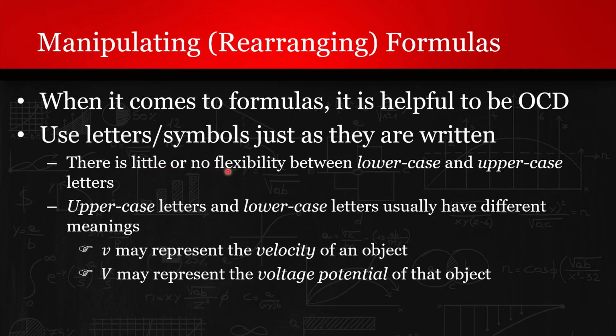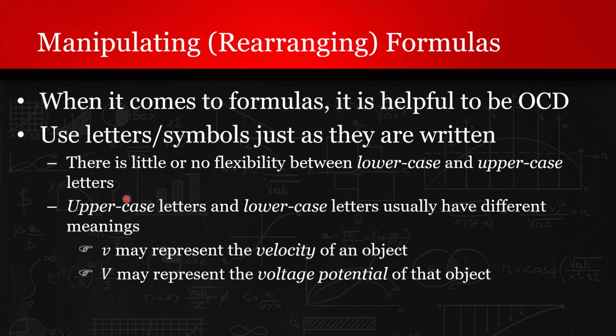There is no flexibility between an uppercase letter and a lowercase letter. In many cases, uppercase letters and lowercase letters have completely different meanings. The primary example we have here is lowercase v. That tends to stand for velocity of a particular object, or it could also stand for volume of a particular fluid or substance.